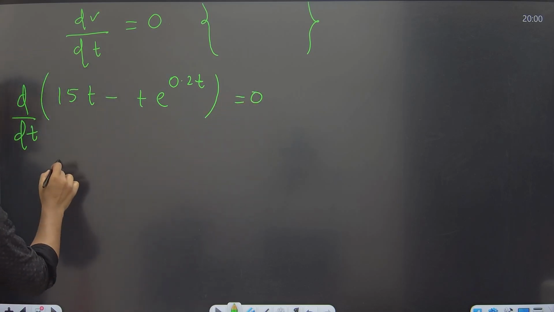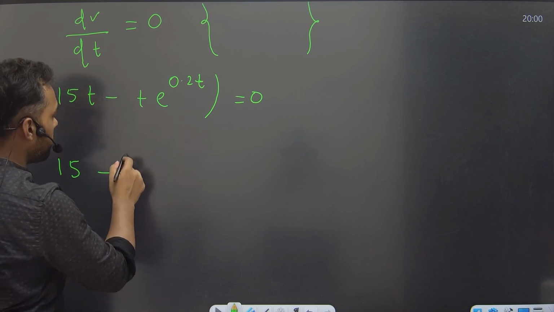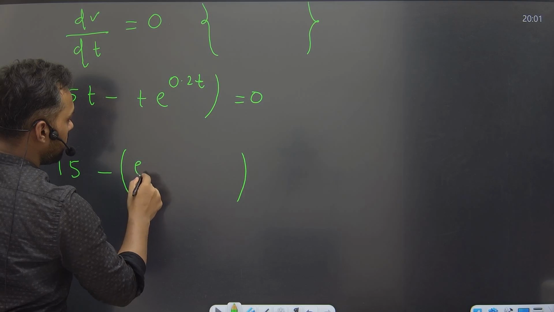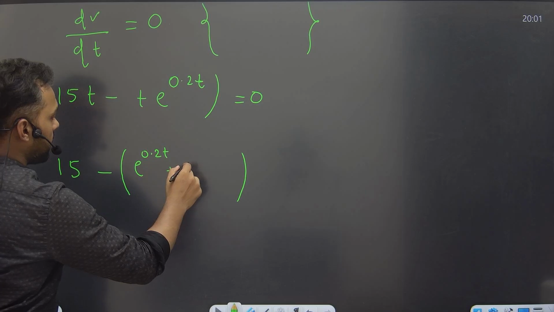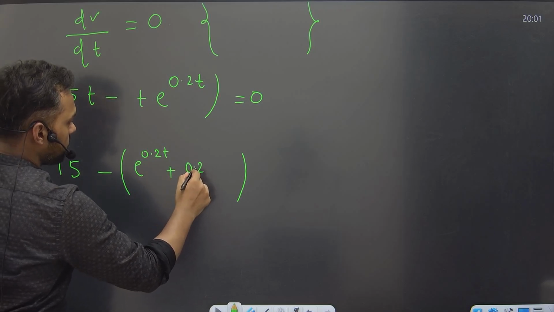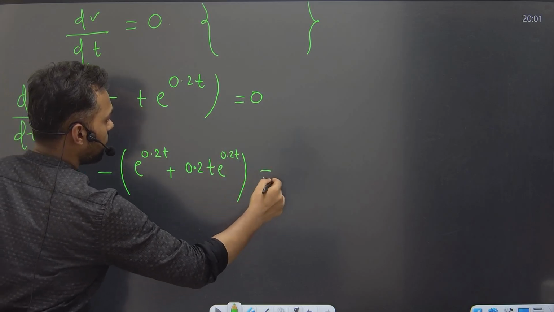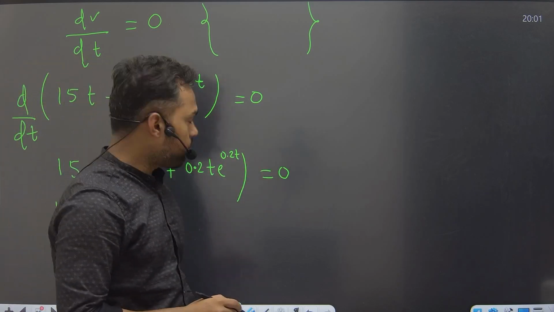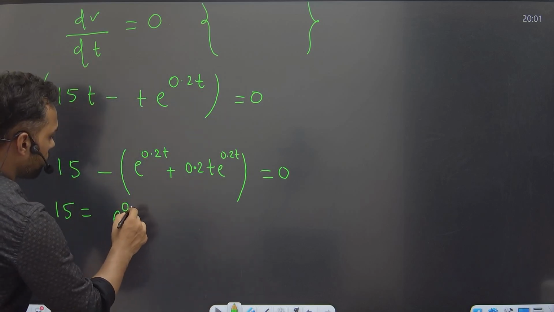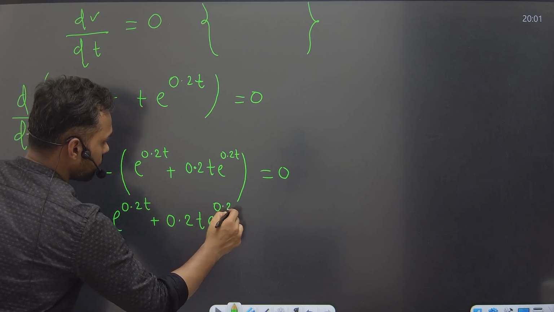So what will be the differentiation of 15t? It will be 15. For this part, again the product rule will be applied here. First will be e to the power 0.2t, plus the first part as it is, but the second part will be 0.2t times e to the power 0.2t, equals 0. Transposing this part to the right hand side, it will be 15 equals e to the power 0.2t plus 0.2t e to the power 0.2t.